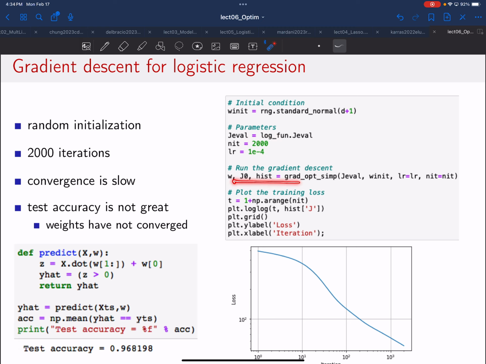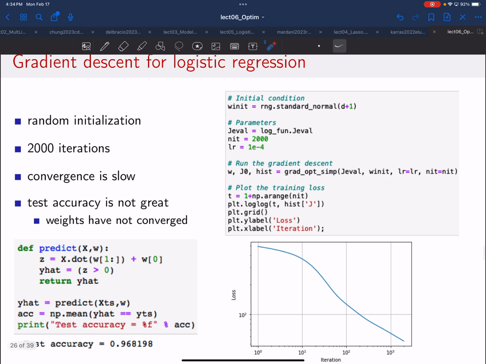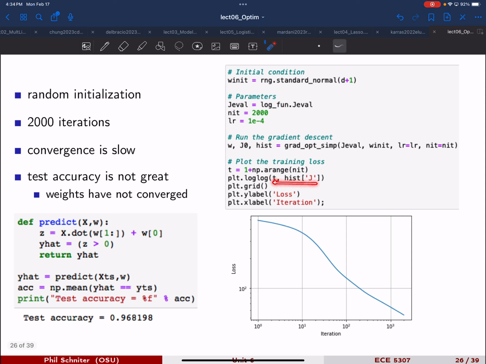So we run the code, and then we're plotting the cost versus iterations here. And you can see the cost is decreasing, which is what we want to see. Notice we're plotting on a log scale. That's usually much more interesting than plotting on a linear scale.